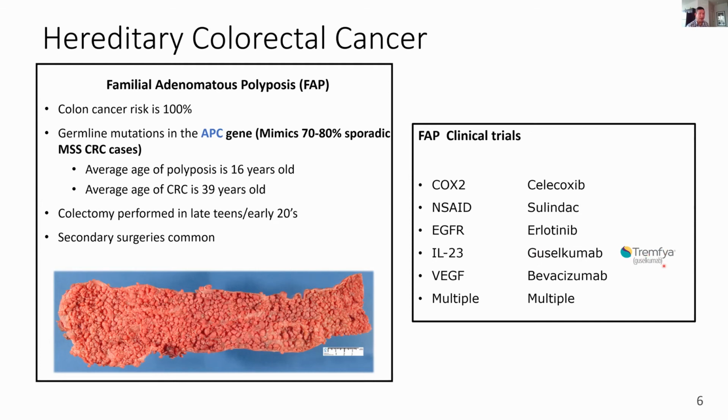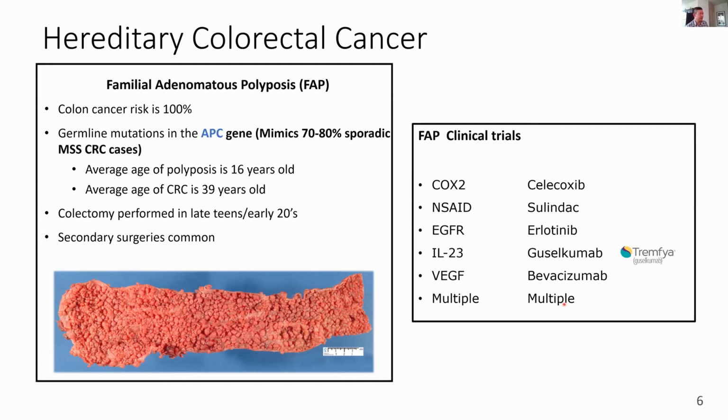So we currently have a clinical trial ongoing to study whether or not this can slow down progression in FAP patients. Other studies VEGF, and there's a lot of things that don't work. Herbal supplements that have gone to clinical trials, erythromycin, a lot of things that are just kind of one-offs.